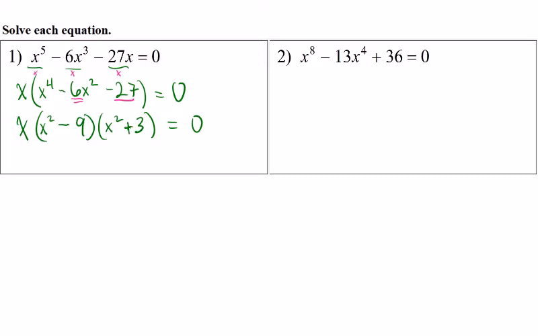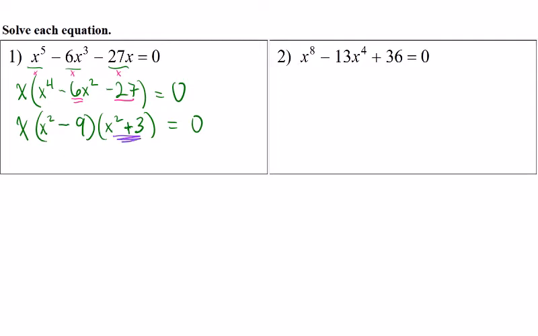All right, so remember, the zero product property, or zero factor property, says I can set each of these equal to 0, right, and solve. But I actually have a little more factoring I can do, right? So inside here, this is already done. I can't do anything with that. But here I have a difference of 2 squares, right?